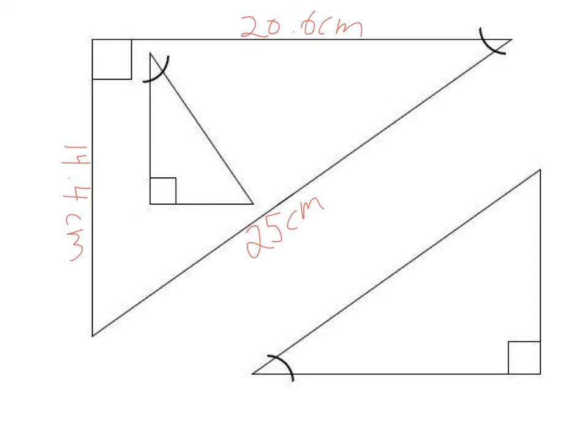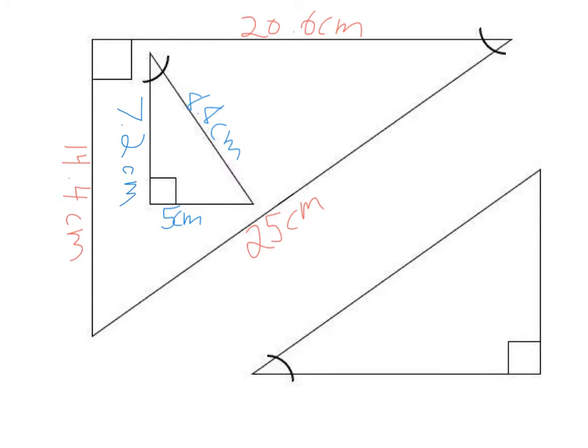And for the little tiny one, the short leg is 5 centimeters. The hypotenuse is 8.8 centimeters. The long leg is 7.2 centimeters.